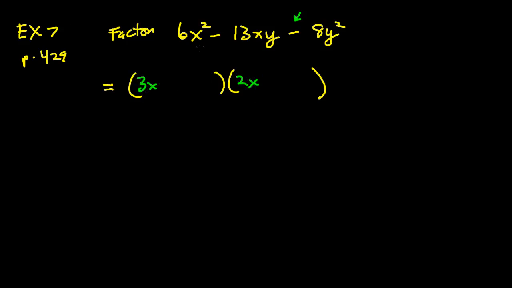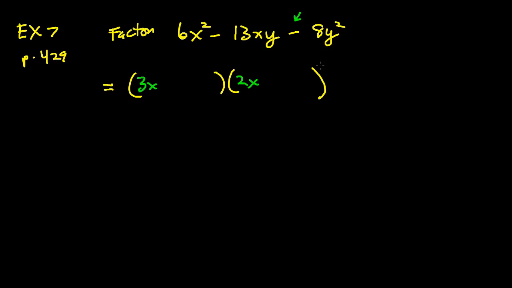Those indeed multiply to 6x squared. I'm going to need multiples of y in the second slots. And my 8 has a lot of possibilities: 8 and 1, 4 and 2, 2 and 4, and 1 and 8, again with plus or minus options on each of those.